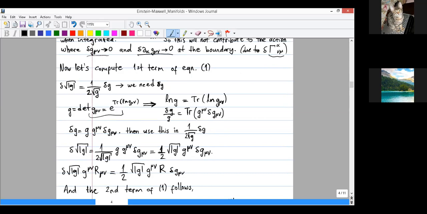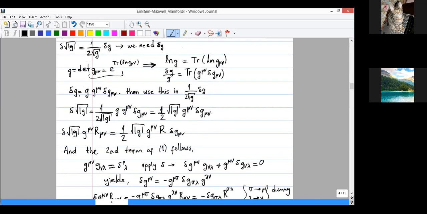Now we apply variation to both sides. Here we are going to obtain delta G over G, and here the trace of G mu nu delta G mu nu. Then we obtain delta G is equal to G times G mu nu delta G mu nu. This is also already traced. Then let's use this in this part here.